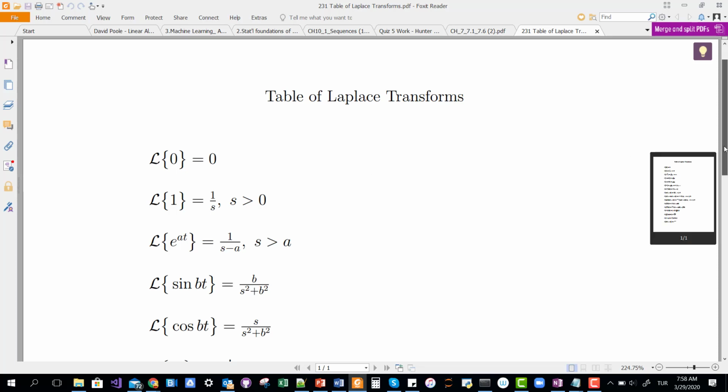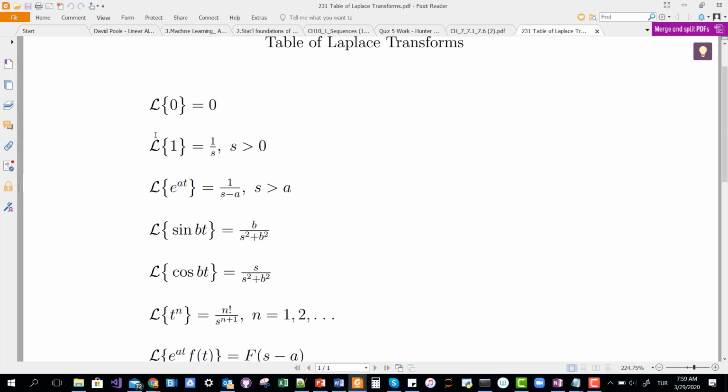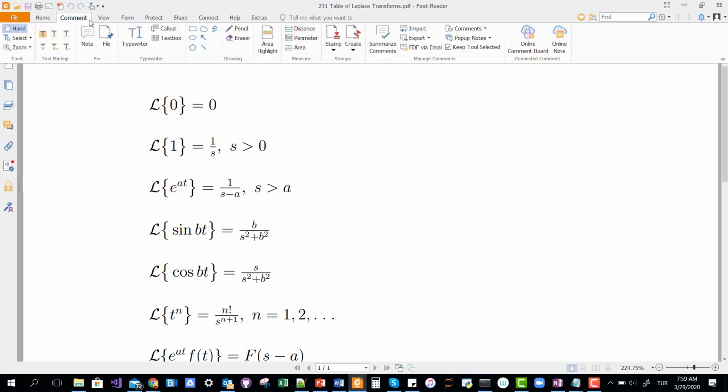As you see, this table includes all the functions. Look at that. For example, the Laplace of 1 is equal to 1 over s. You need to read it in this way, guys. You can read the Laplace table from left to right.